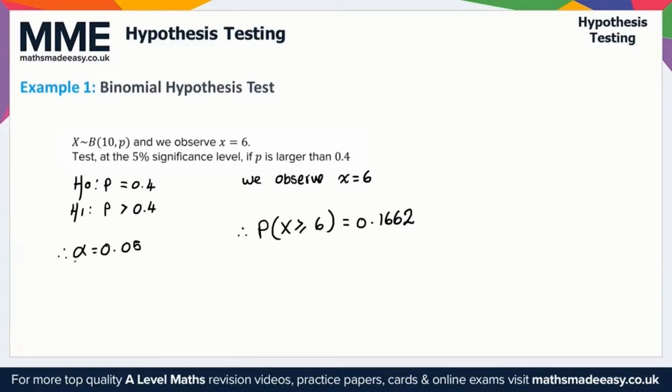And now we compare this to our significance level. So this is greater than 0.05. So we are more likely than the significance level to get the data we observe.